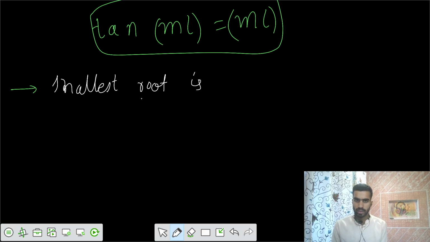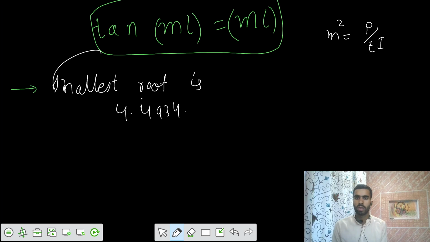That smallest root of that equation is equal to 4.4934. And if I use that value of m, we know m square equals P by EI. So smallest root of that ml equals 4.4934.